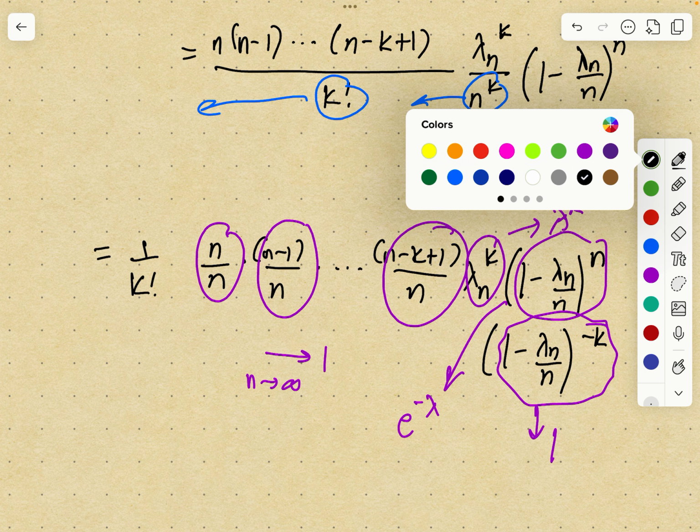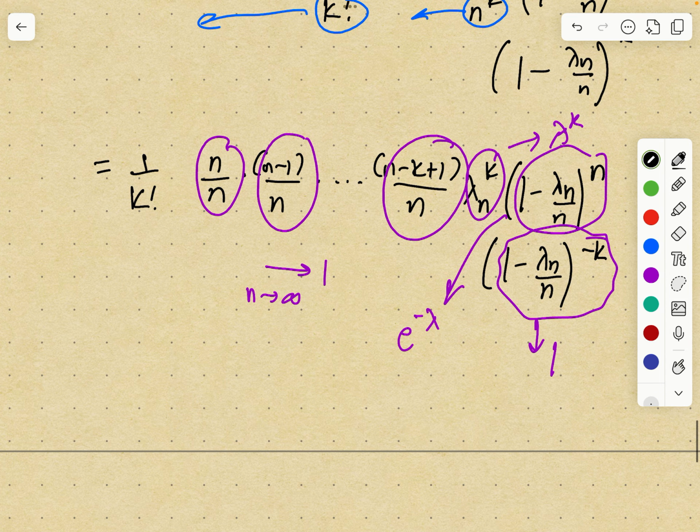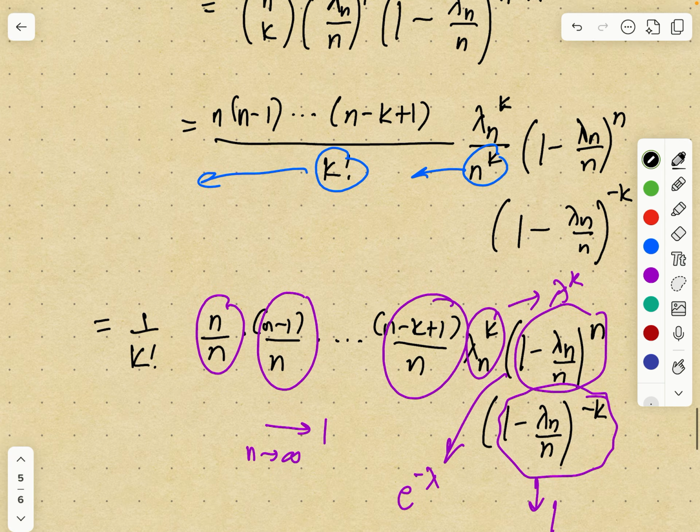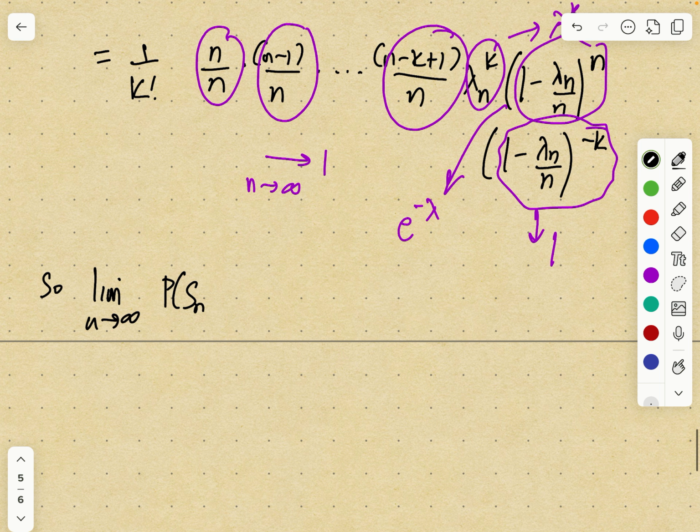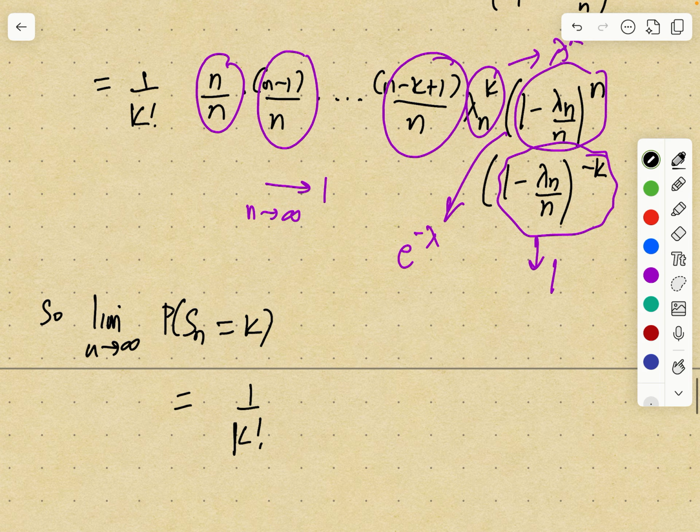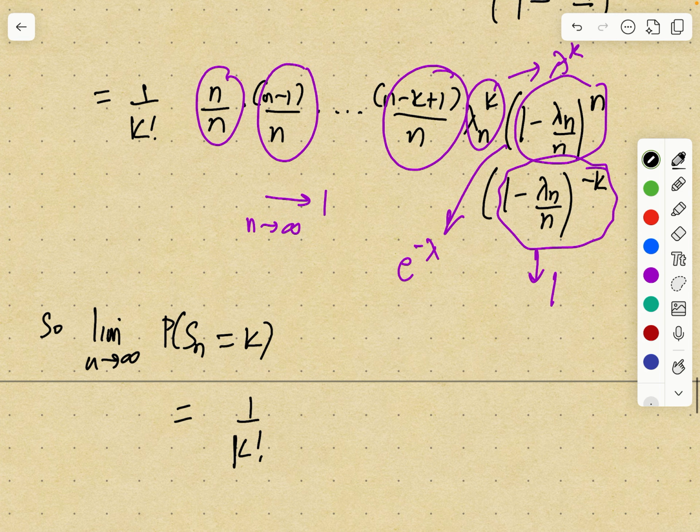And so the limit of the probability that S sub n equals k is going to be 1 over k factorial times lambda to the k power times e to the minus lambda, which is exactly the Poisson thing, right?